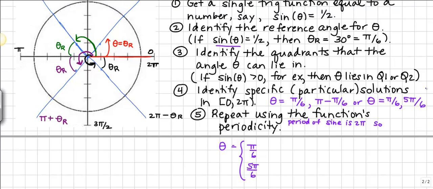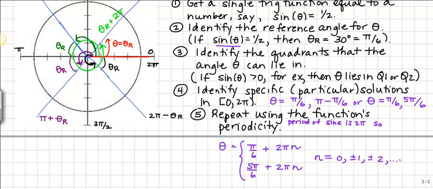But every time you go around again, you're going to do so by adding 2 pi units to what you already had. So I will note this in the following manner, and let me explain this notation. It's multiples of 2 pi, where the number n can mean I'm adding or subtracting multiples of 2 pi.